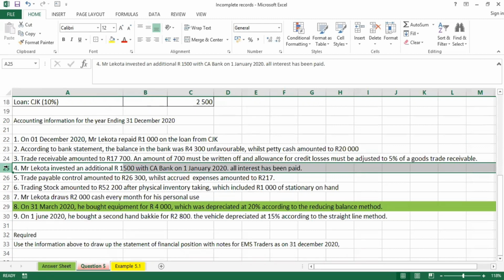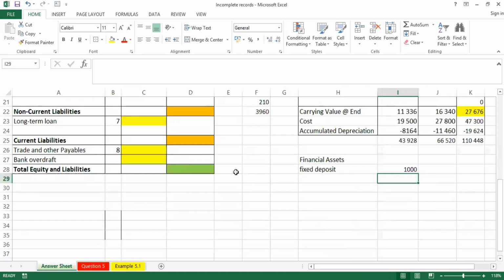All interest has been paid. So he invested an additional amount of 1,500, additions to the current investment.